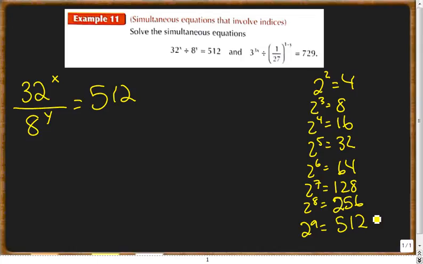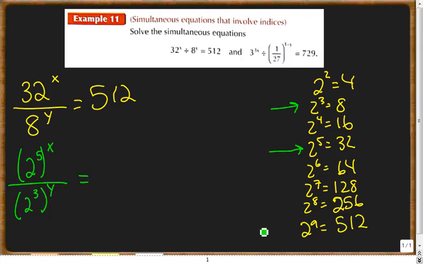So I want to physically replace each number to have a base of 2 with some exponent. 32 I'm going to replace with 2 to the fifth, so we have 2 to the fifth to the x. I'm going to divide that by 8 to the y, so that's 2 to the third to the y.